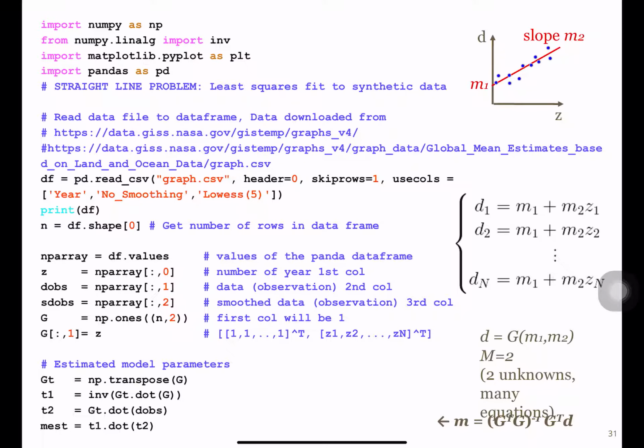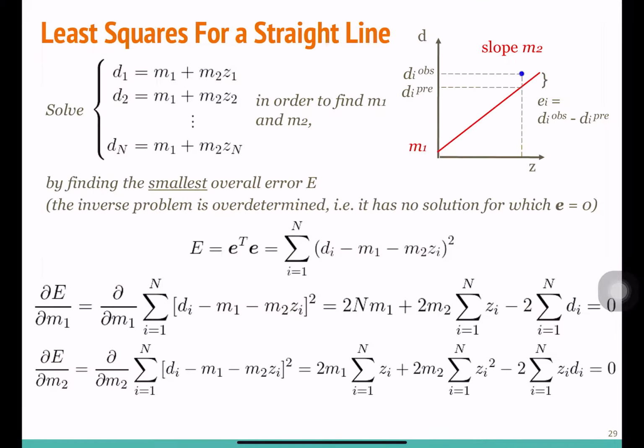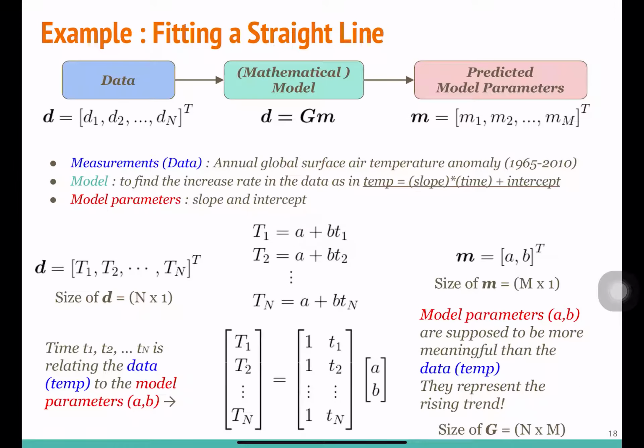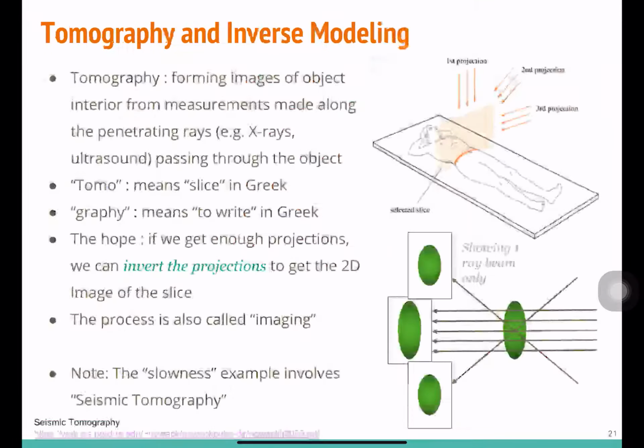This is downloading the global mean estimates, the global annual air temperature anomaly. We have talked about this example in the last section. I've downloaded the data and then I've done it myself.